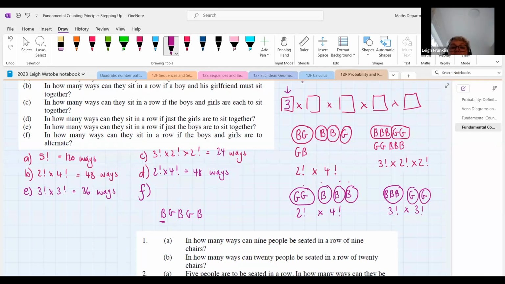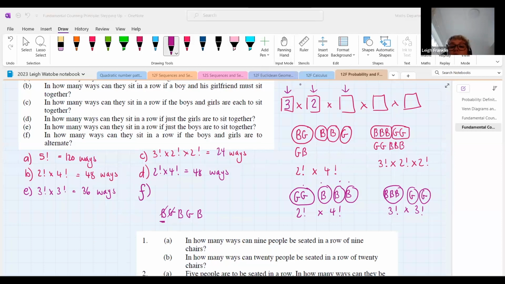In the next seat, there has to be a girl. How many girls do we have to choose from? 2. So there's 2 ways that the seat can be. Now remember, we've got rid of a boy, we've got rid of a girl. In how many ways can we fill this seat over here? Remember, it has to be a boy.